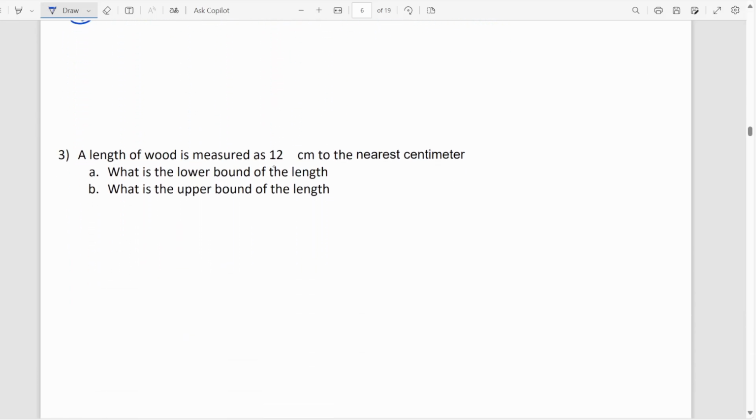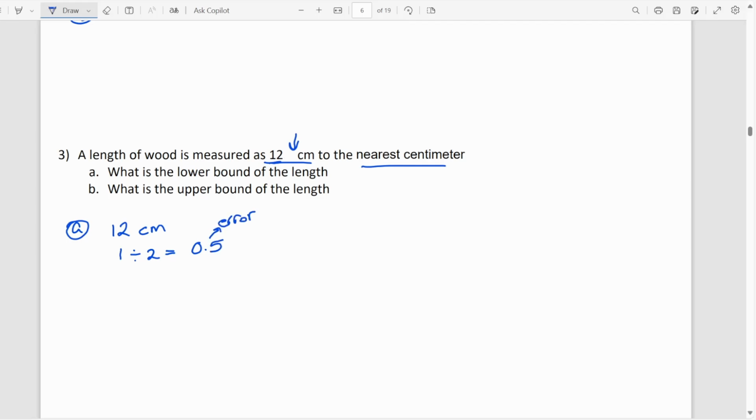Okay, let's take a look here. A length of wood is measured as 12 centimeters to the nearest centimeter. What is the lower bound of the length? Anyways, so the length of the wood is 12 centimeters, okay? To the nearest centimeter, so our unit of round is just 1, and we divide this by 2, we get 0.5, so this is my error.